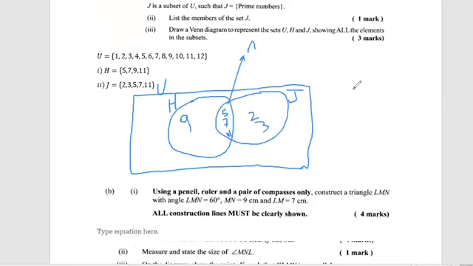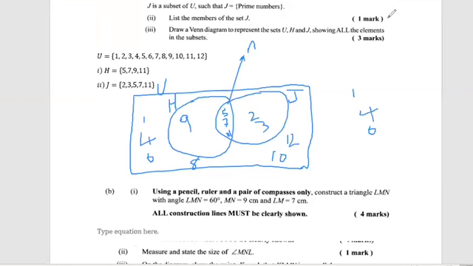Okay. So 1, 4, 6, 8, 10, and 12. Those would go within the union and outside of the subsets.